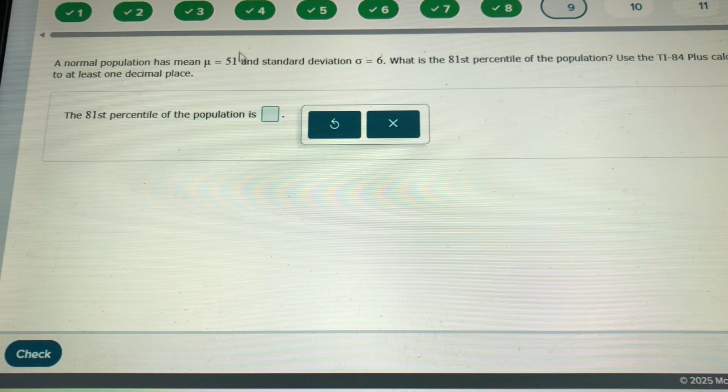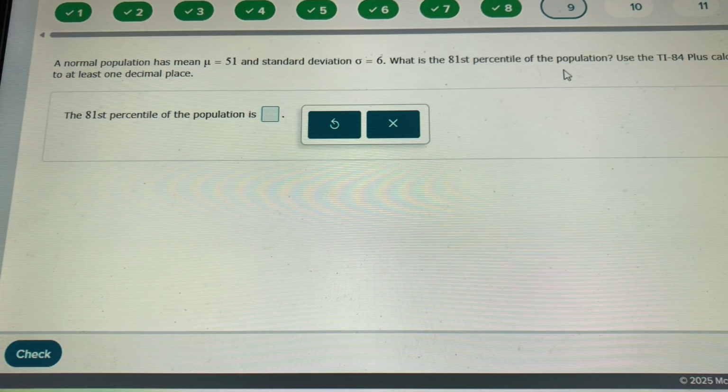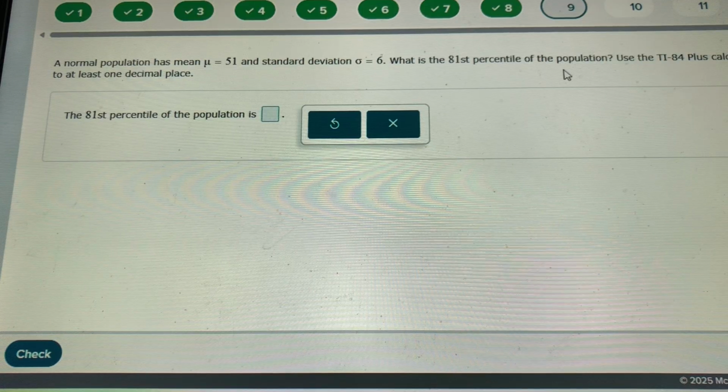So here's a mean of 51, sigma 6. What is the 81st percentile? So that's a realistic problem. If you take the SAT or the ACT, they'll tell you what percentile you were in among the test takers. And the closer to 100 means the better you are. The 81st percentile means you're equal to or better than 81% of all the test takers on the SAT or ACT.